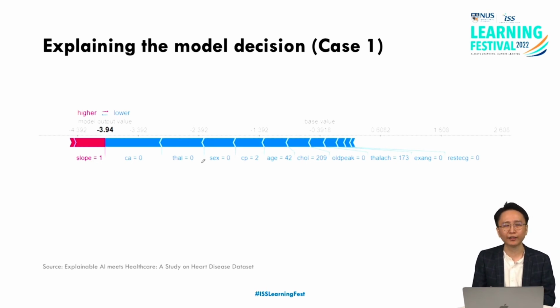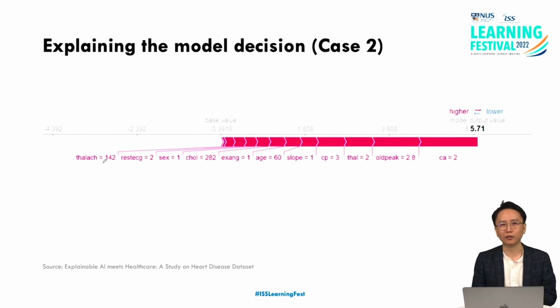On the other hand, the feature that pushes the model output higher is slope, where a value of 1 indicates that the ST wave is flat. So from SHAP, we can have a better understanding of how the model arrives at its decision and what the main contributing factors to a specific outcome are.